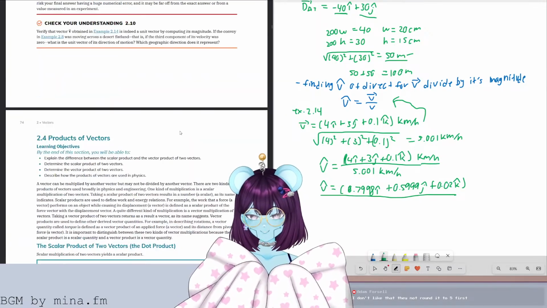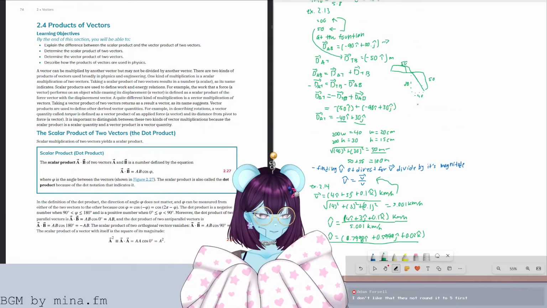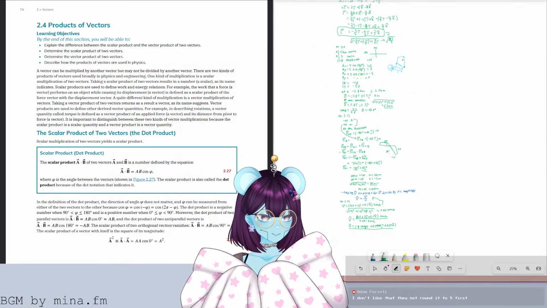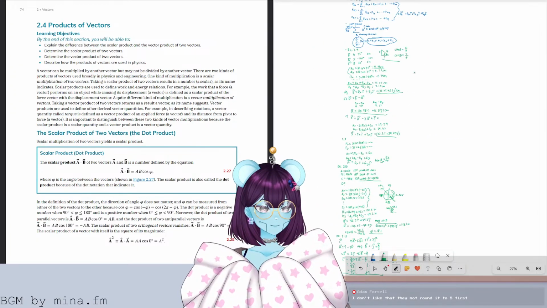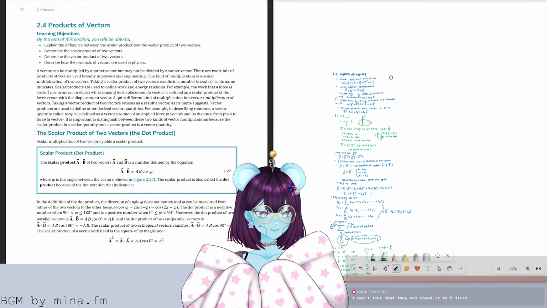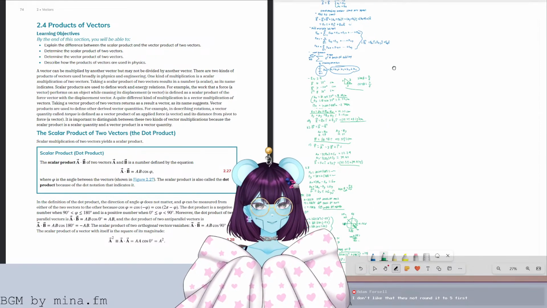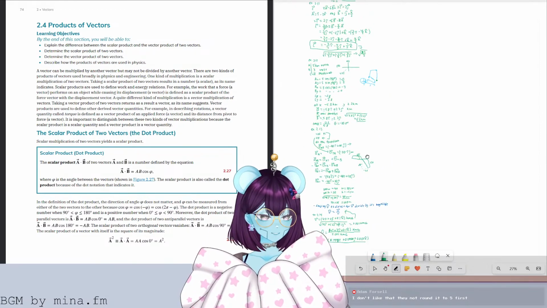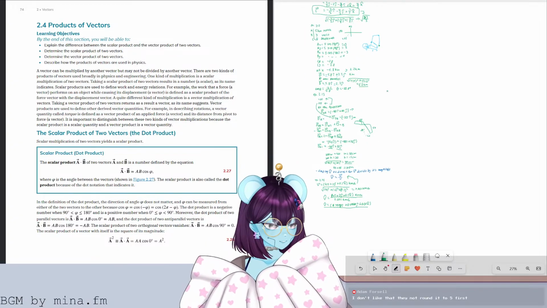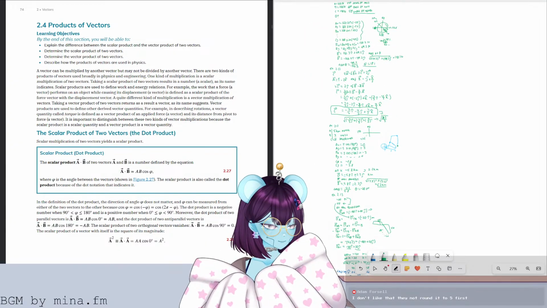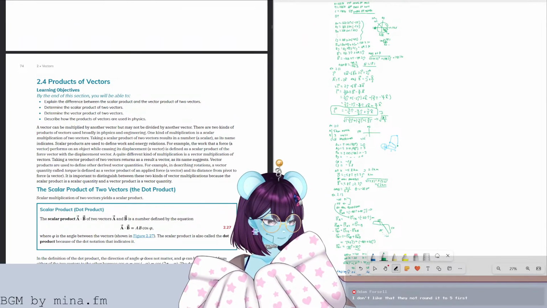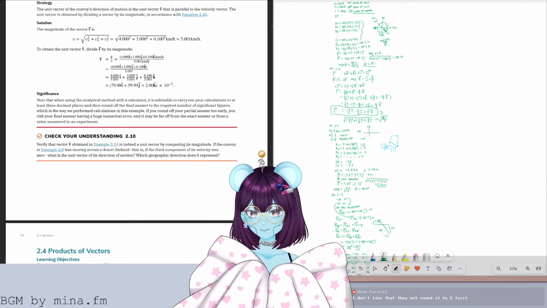Well, that is the end of this section. This is how our notes go. A lot of examples this time. There wasn't much new information. But holy crap, that is a lot of examples. I don't like how they don't round it to the 5 the first time.